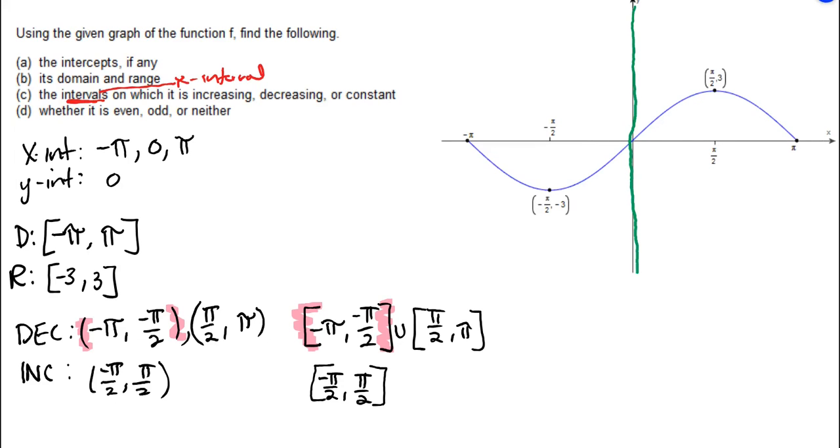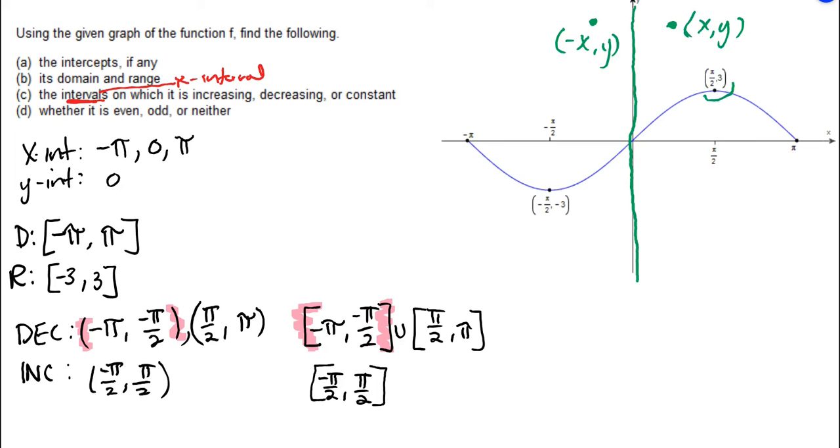And to have y-axis symmetry means that we need a mirror image on either side of that y-axis. So if we have a point on one side of the y-axis, we would have a mirror image of that point on the other side of the y-axis. So if we have x, y, we would have a mirror of that point, negative x, y, with the opposite x values but the same y values.